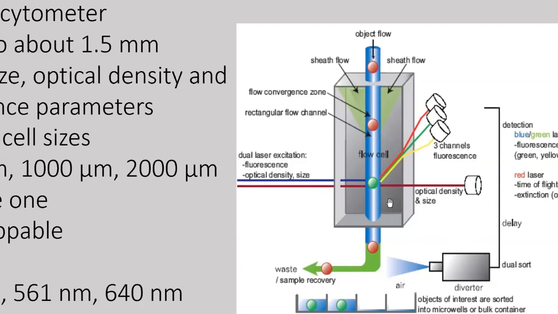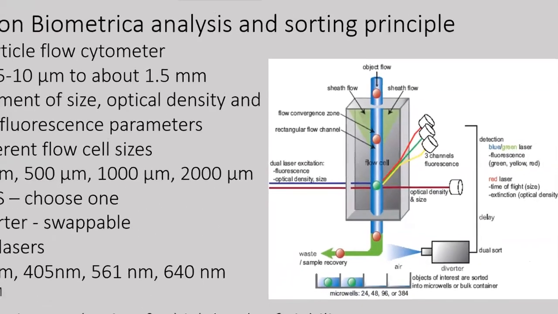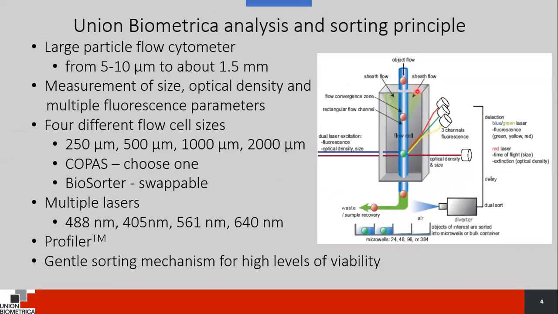So that's the kind of thing that can be done. So this really describes the entire process, how the analysis occurs and how the dispensing occurs. And that's true for all of the three different platforms and for all of the flow cells.